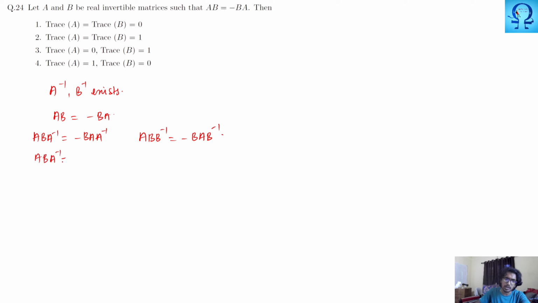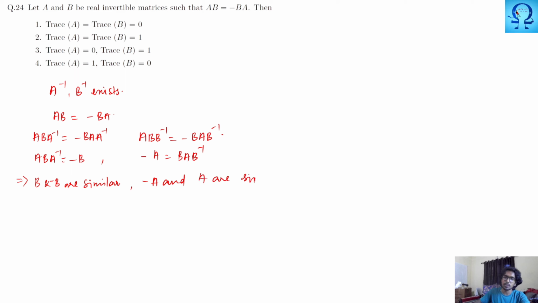So this is AB A inverse is equal to minus B. And here what would I get? A is equal to minus, I am taking it to the left hand side. So A is equal to minus BAB inverse. This is what we would have. So from this what we get? B and minus B are similar. And here we get minus A and A are similar.